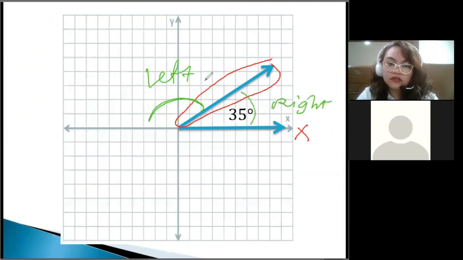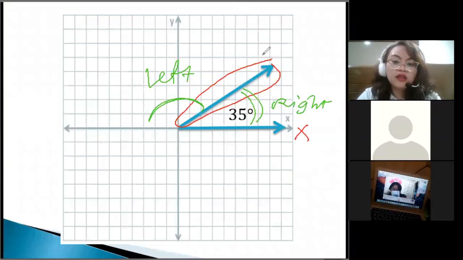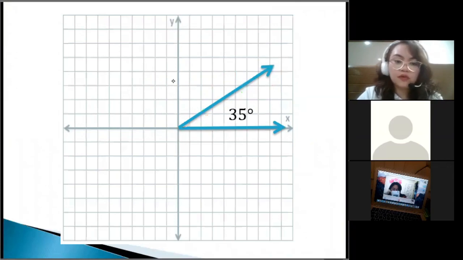If we have left and right angles, which one will we use? The angle on the left or the angle on the right? Which one is closer to the x-axis? Aaron, the angle on the right. Angelo and Anjanine, correct. The angle that is closer to the x-axis is what we will consider our reference angle.